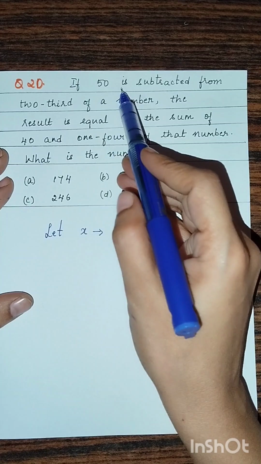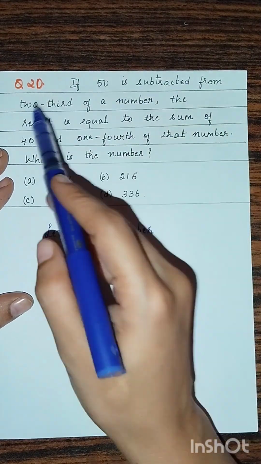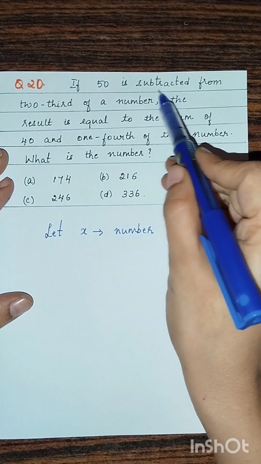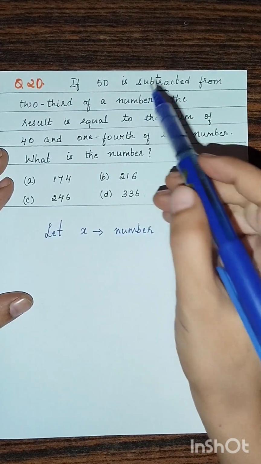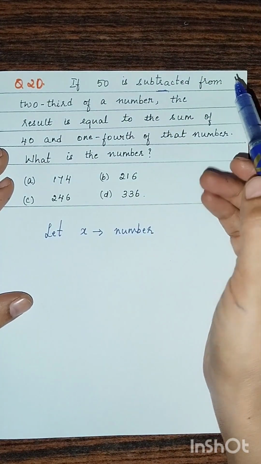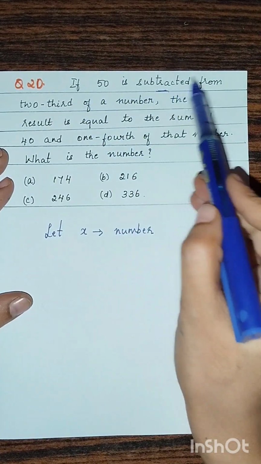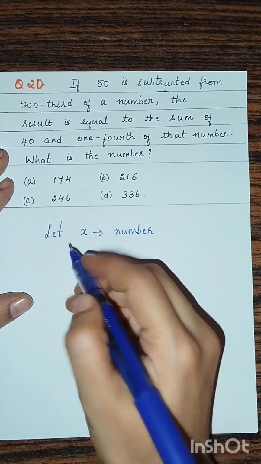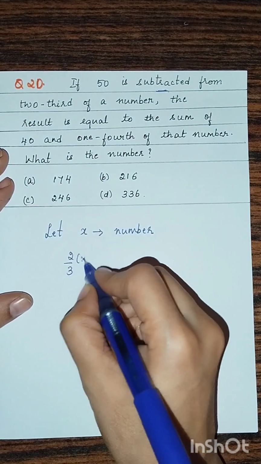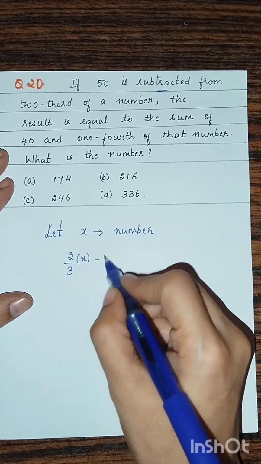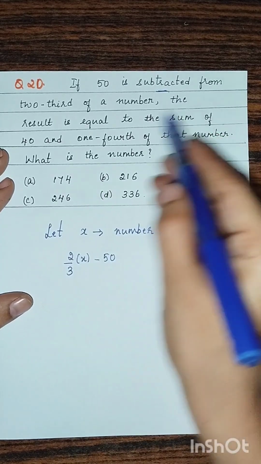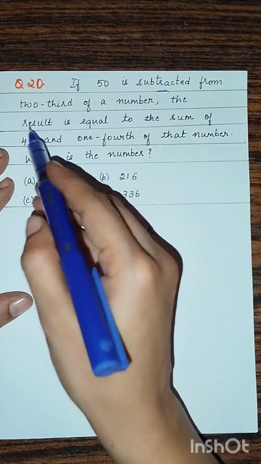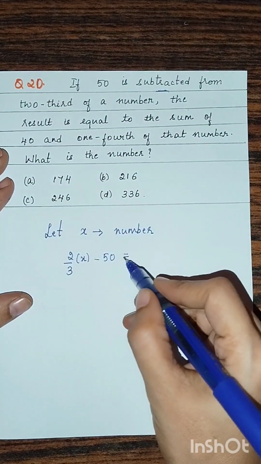If 50 is subtracted from 2/3 of a number, subtracted. So whenever there is subtraction, you should know which is the bigger and which is the smaller number here. So if 50 is subtracted from 2/3 of a number, that means 2/3 of a number is a larger number. So 2/3 of x. So from this, if you subtract 50, the result is equal to, we will write this symbol.